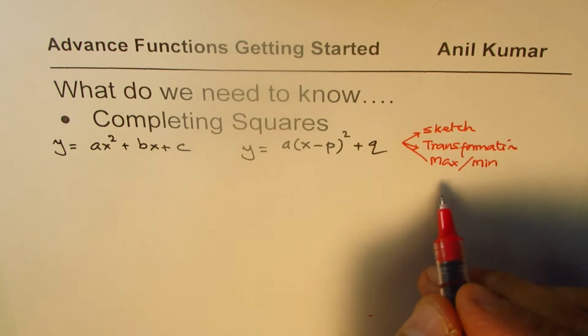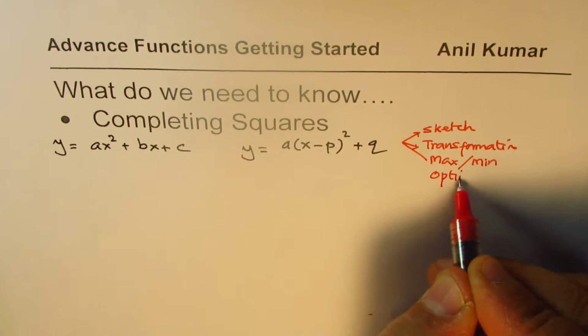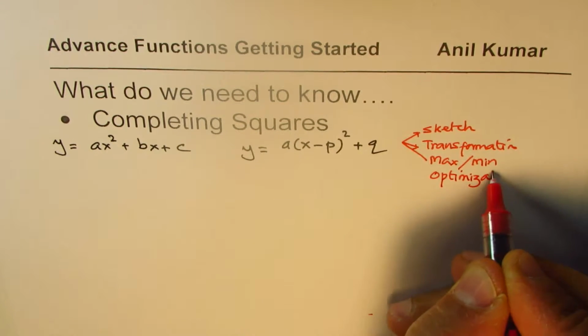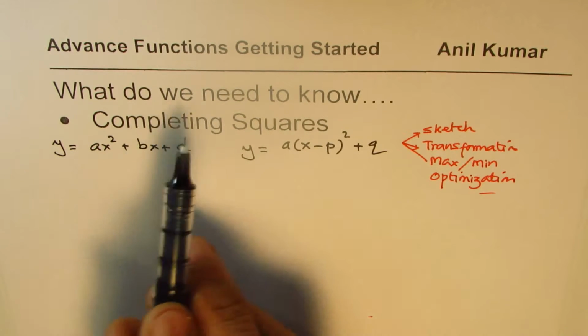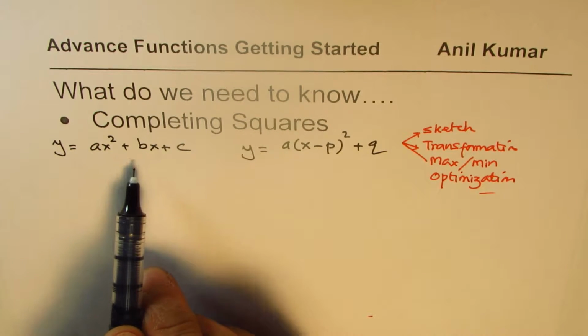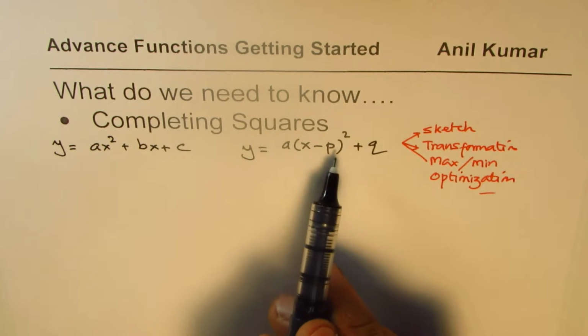So optimization problems can be solved. So that is why it is a very, very important tool to have, right? So it is important to understand how to convert any quadratic equation for that matter into the vertex form.